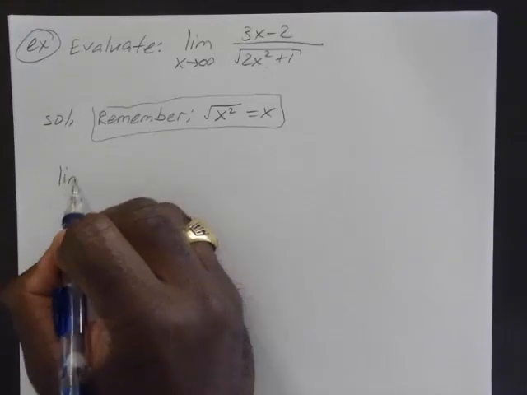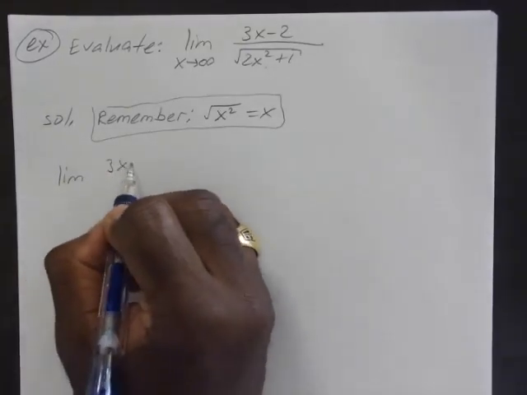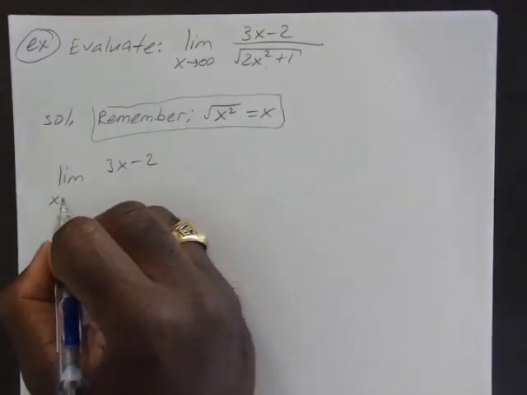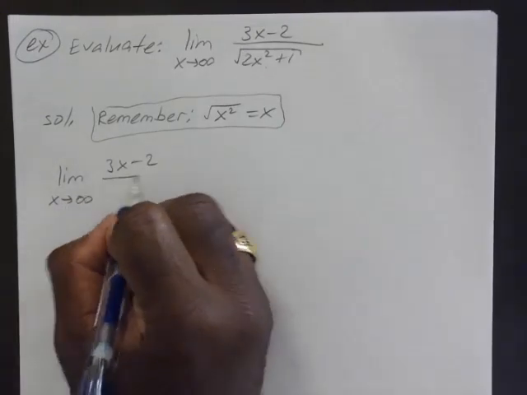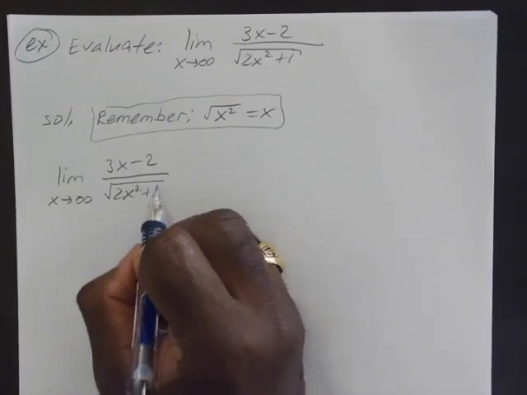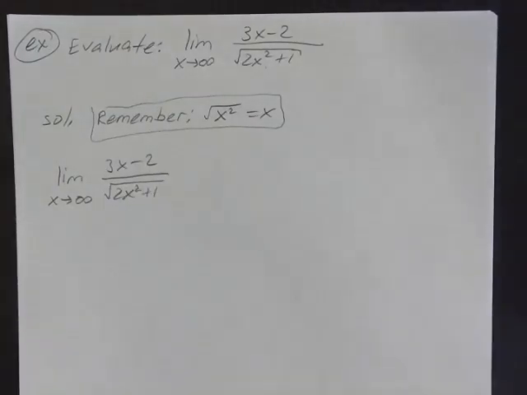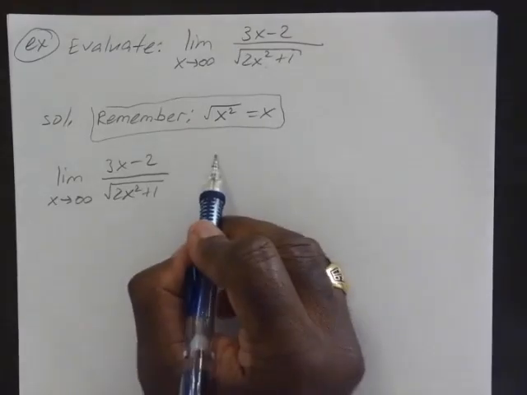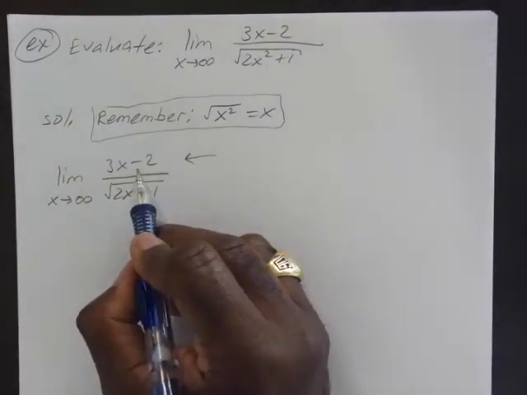Okay. So if we take our limit of 3x minus 2 divided by the square root of 2x squared plus 1, the numerator, we can divide each term by x.